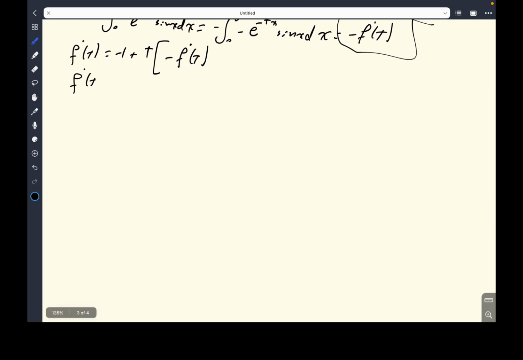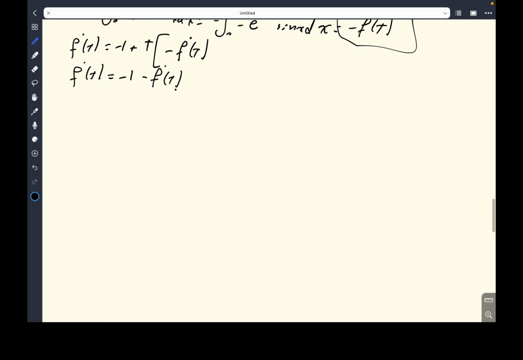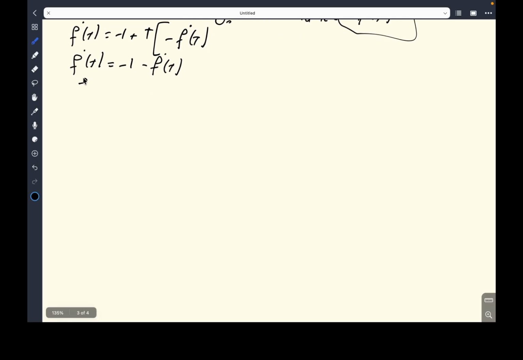So f prime of t is negative 1 minus t f prime of t. And if I collect the like terms, f prime of t plus t f prime of t is negative 1, and f prime of t thus is negative 1 over 1 plus t squared.